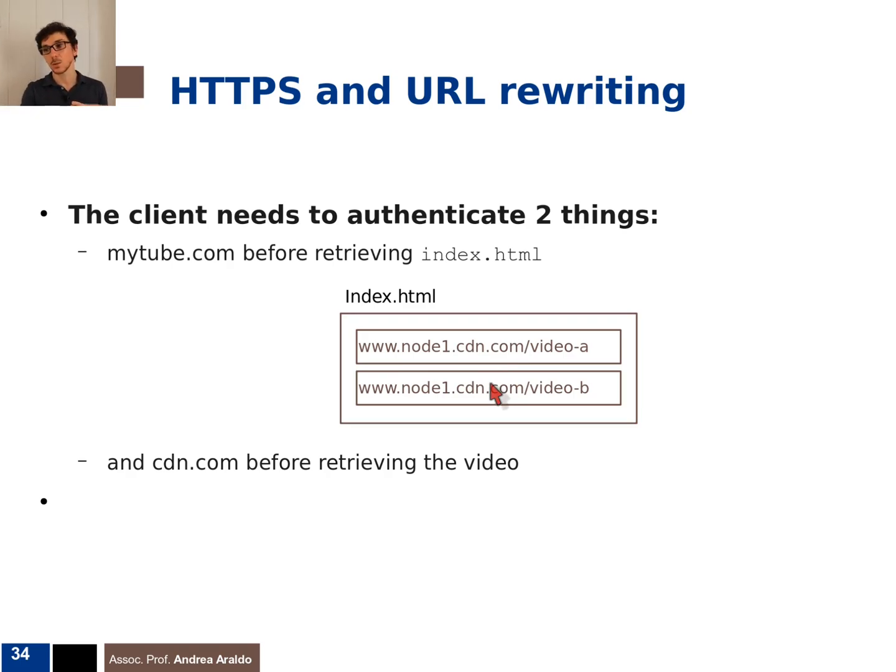This means that the browser will now authenticate cdn.com. So with URL rewriting, there are two authentications. The first one is of MyTube, just to retrieve index. The second one is of CDN to get the video.